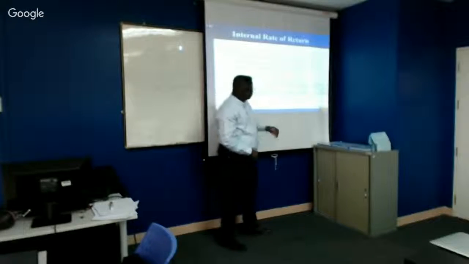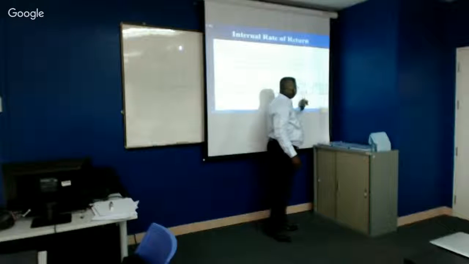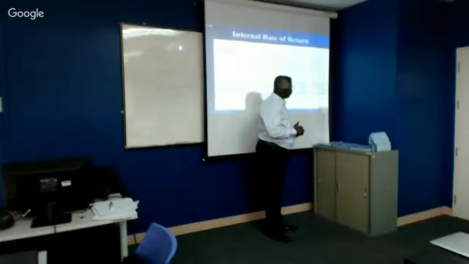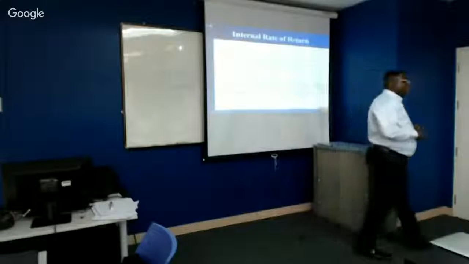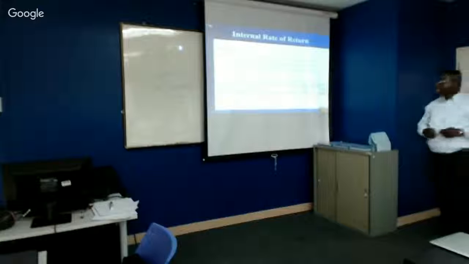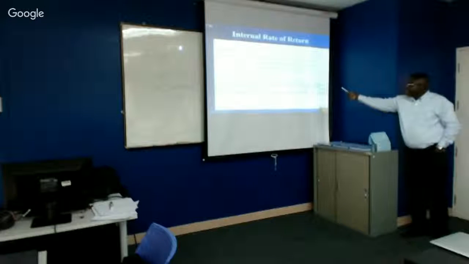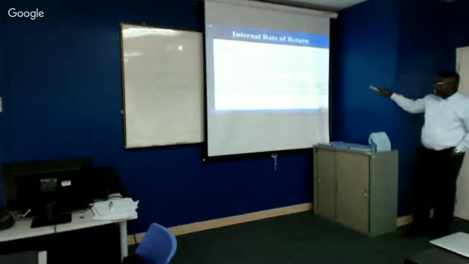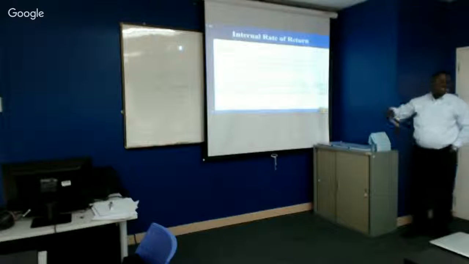This is 14.29%. This is 12.96%. But if the project has a cost of capital or opportunity cost of capital of 7%, you can see the NPV. The initial proposal's NPV is 24,000, and the revised one is 59,000.